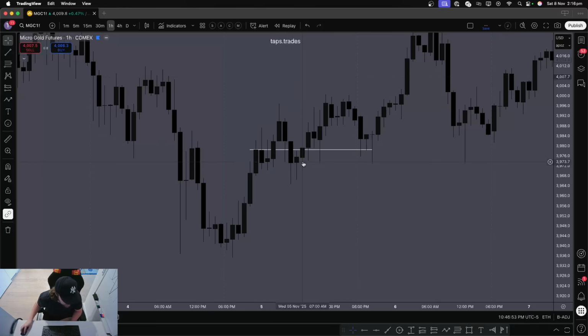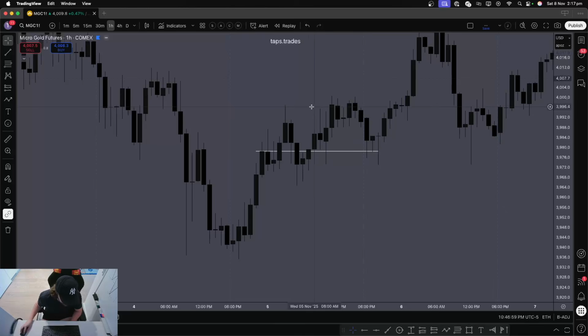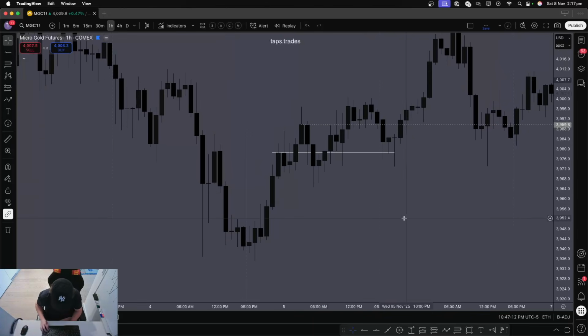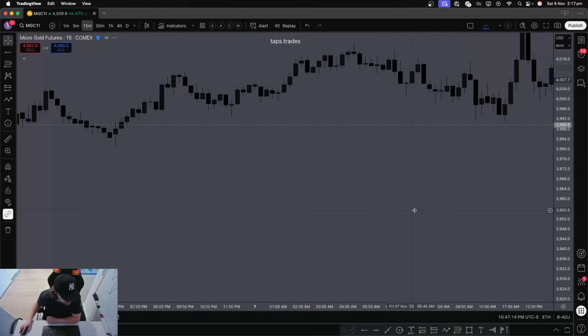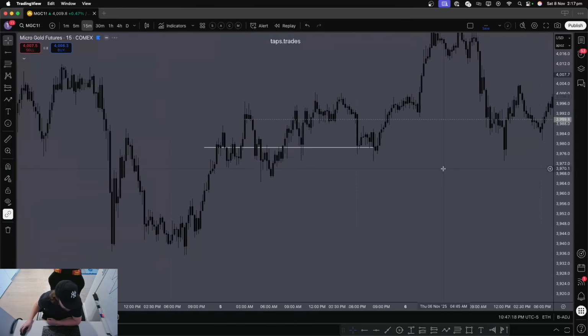So at this point in time, we can then scale back down to the smaller time frames, to the 15-minute time frame, and look to target the overall highs, which is around either here or here, whichever your preference for risk is. So let's go back to the 15-minute time frame and see what we got.